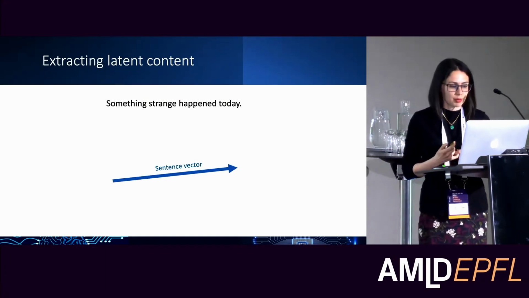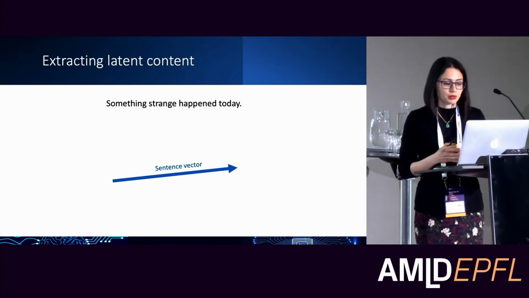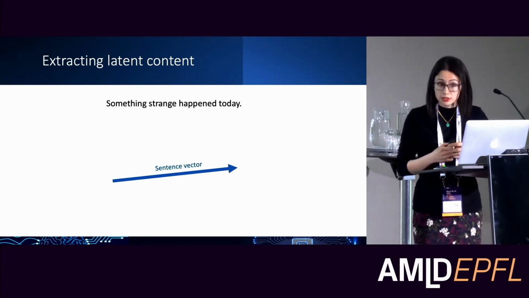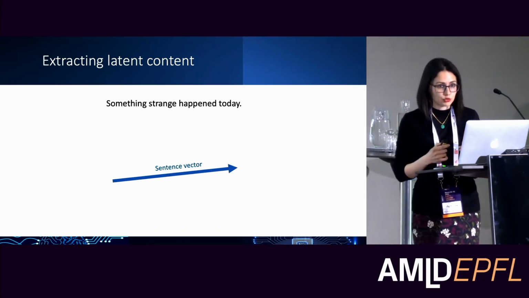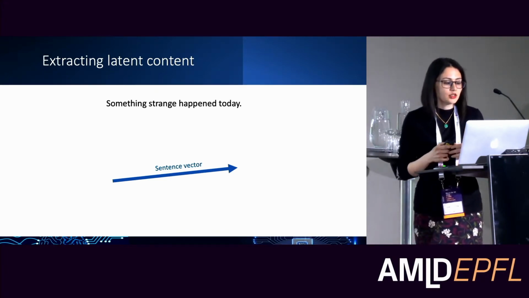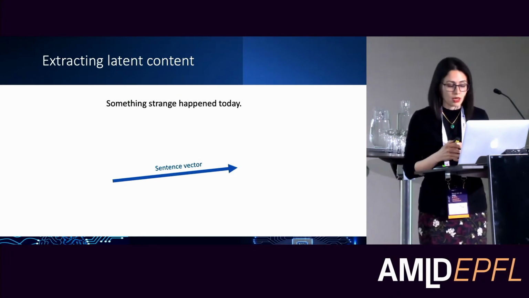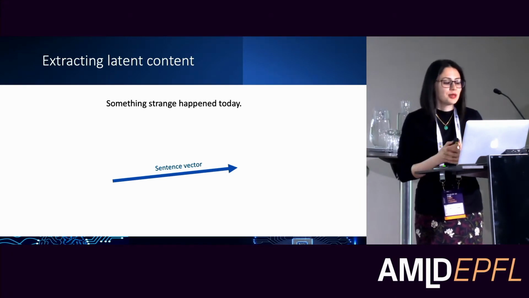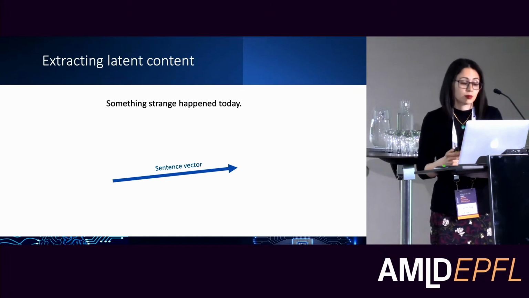Let's go back to the sentence that we talked about. Something strange happened today. You're familiar with this concept, but briefly I'm going to talk about cosine similarity. If you want to compare the similarity of two sentences, you can simply measure the cosine of the angle between the two sentence vectors. You can do the same thing by measuring the cosine of the angle between the sentence vector and a word.